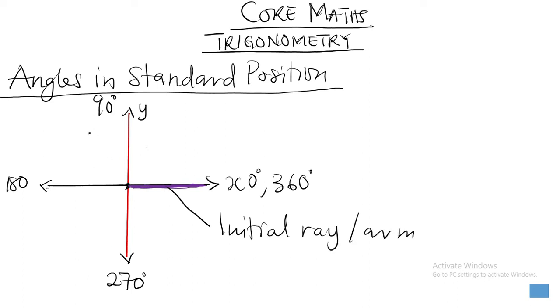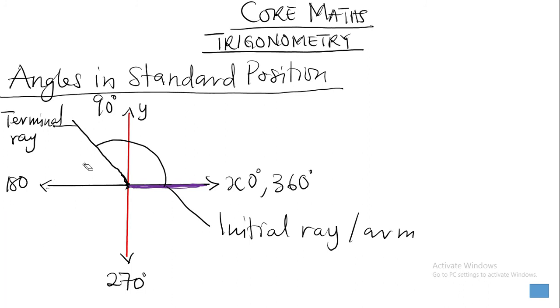And then if we draw another ray here, pardon my diagram, this ray is where we end if we start our measure of direction from the initial arm and move this way. So this ray will be our terminal ray. It is our terminal ray.